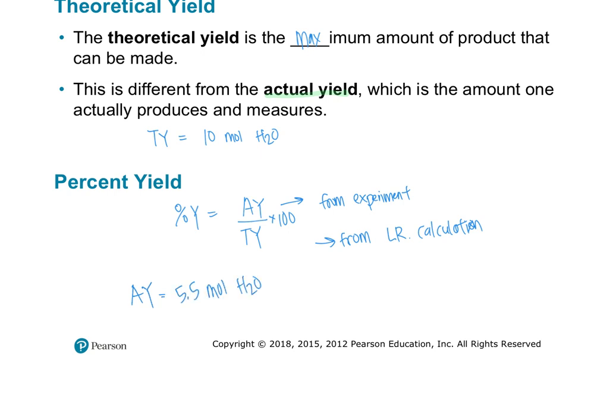So what I would do to find percent yield would be my actual yield, 5.5 moles of water, divide by my theoretical yield, which was 10 moles of water, times by 100, and we get 55% yield. All right, so this is just a lot of practice we're going to be working on together. So come with your questions to class so I can help you.